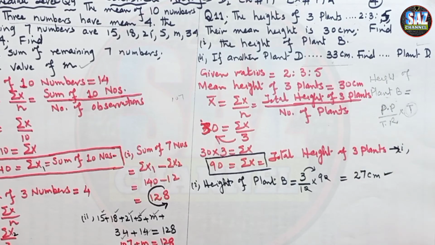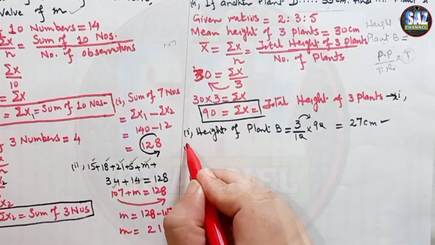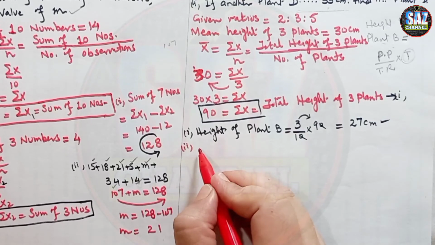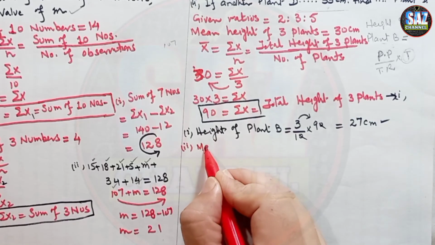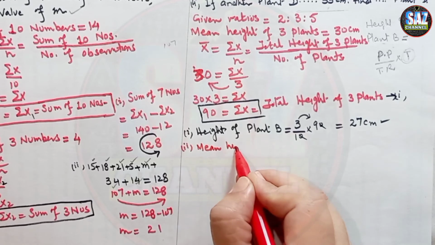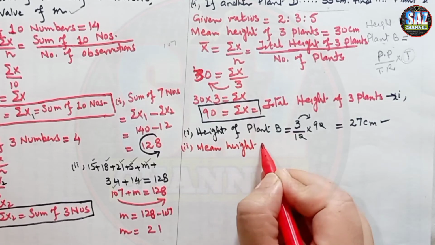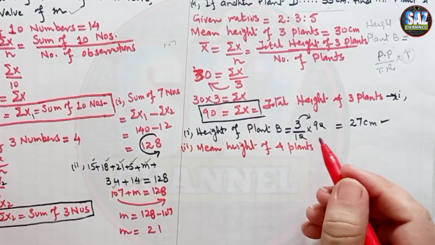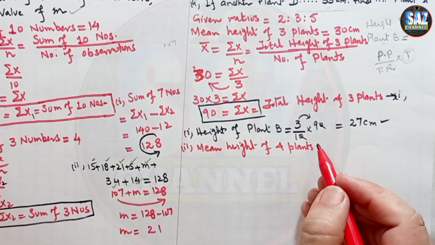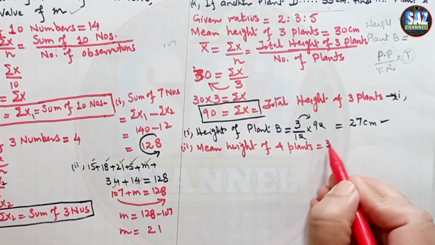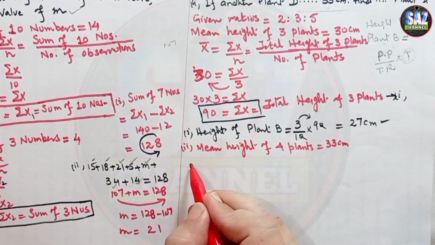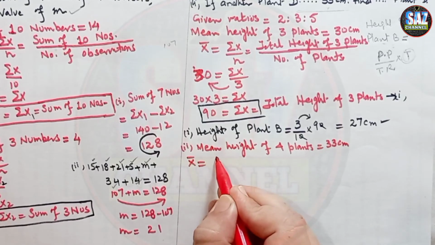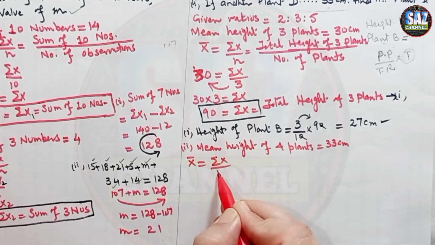Find the height of plant D. In the second part, we are given the mean height of 4 plants, which is 33 centimeter. Now x bar equals summation of x upon number of observations.